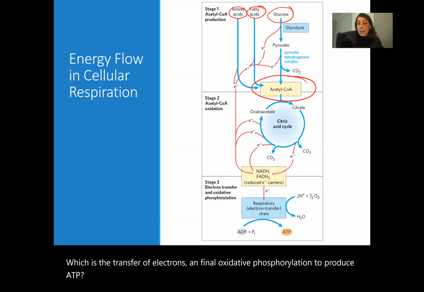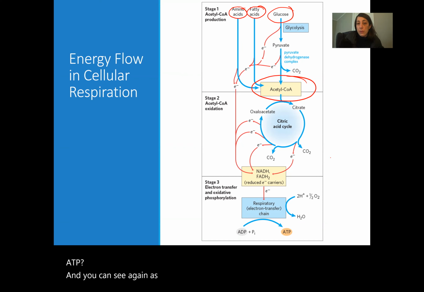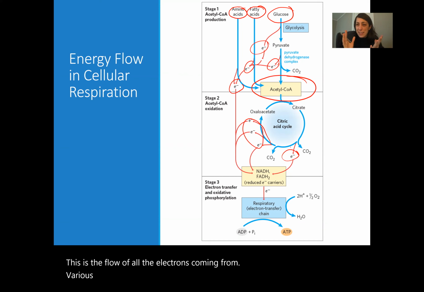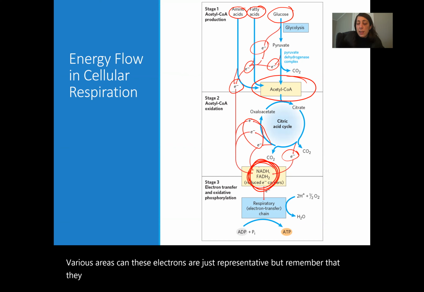And you can see again as a large overview, this is the flow of all the electrons coming from various areas. Again, these electrons are just representative, but remember that they are being carried by molecules like NADH and FADH2.